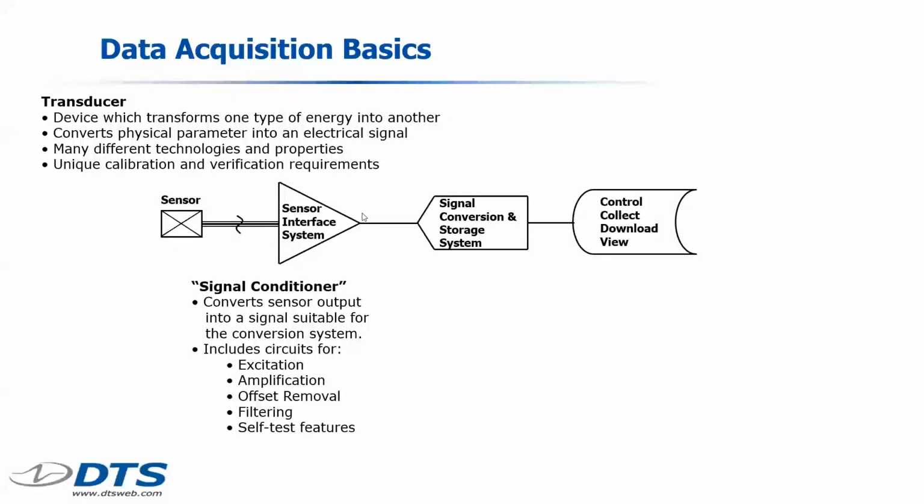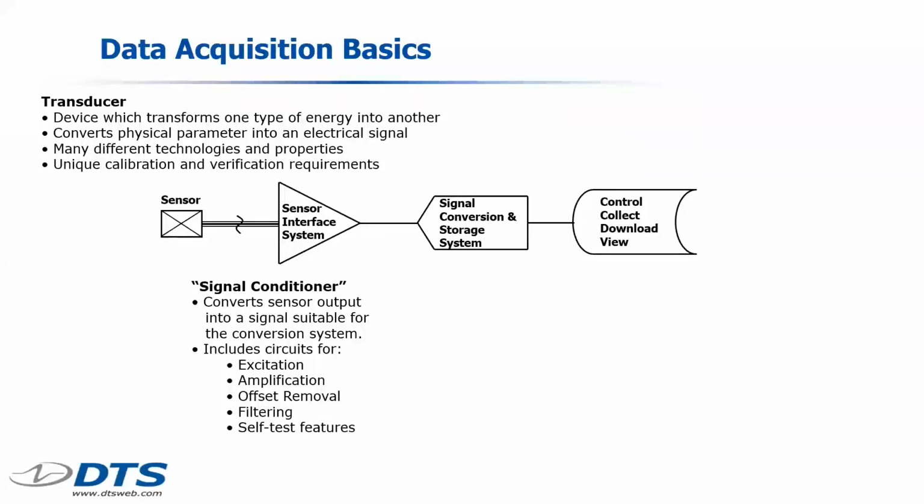The first element in a data acquisition system is what I refer to as the sensor interface. A long time ago, we used to call this the signal conditioner, but as electronics has gotten more complicated and added a lot more capability, it actually is much more than that.